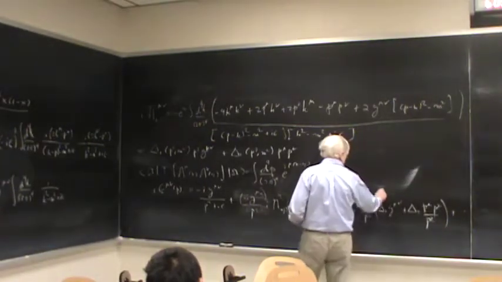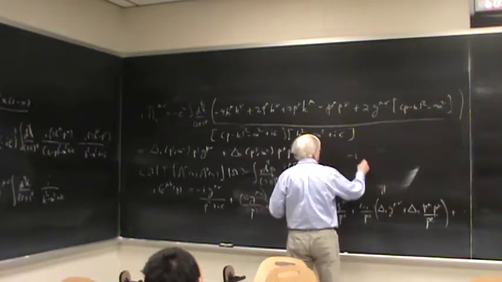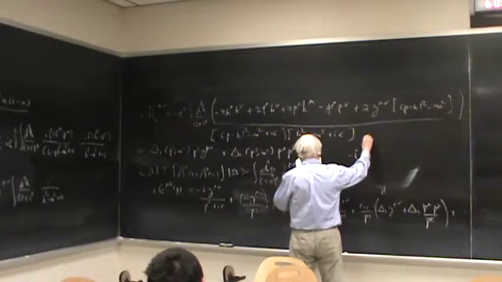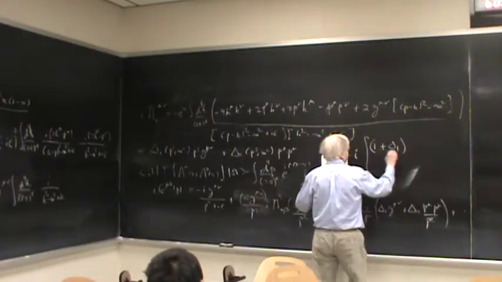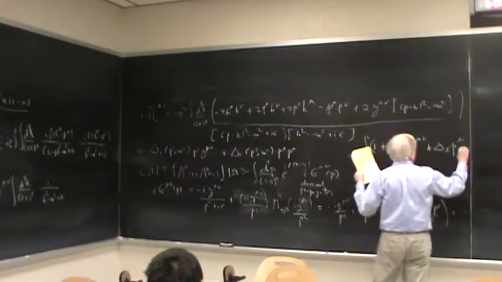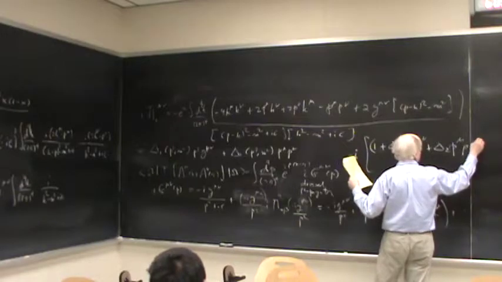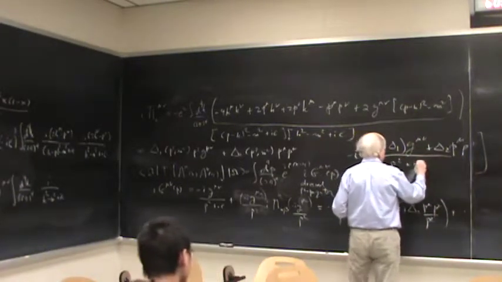And so this thing then would be minus i, then that would be 1 plus delta 1 G mu nu plus delta 2 p mu p nu over just p squared plus i epsilon.